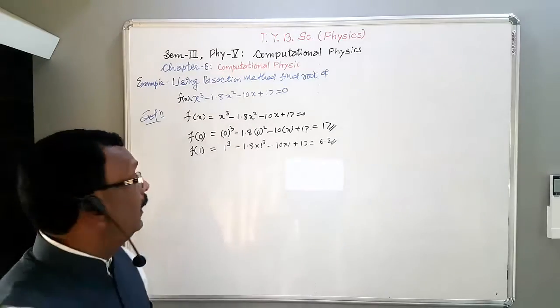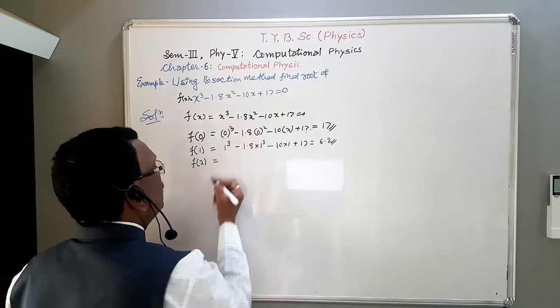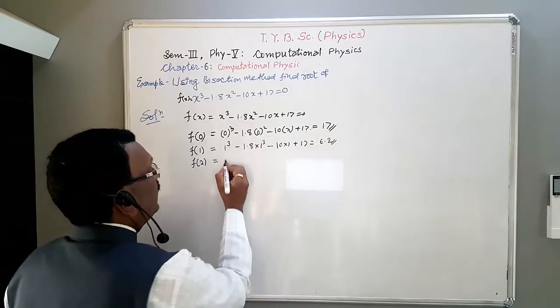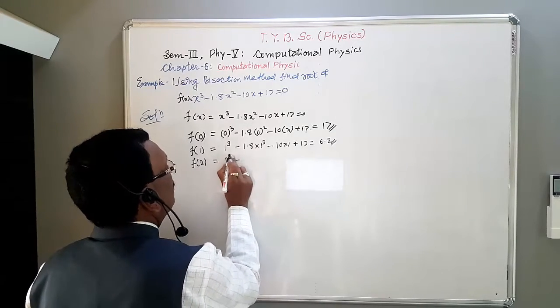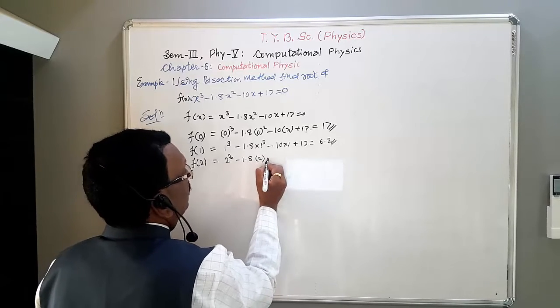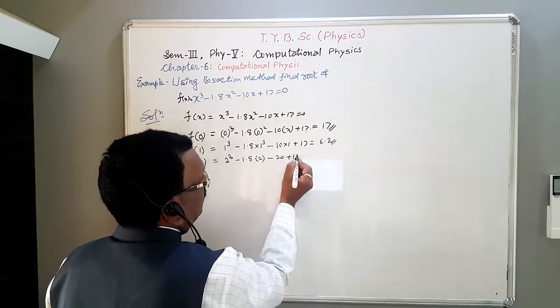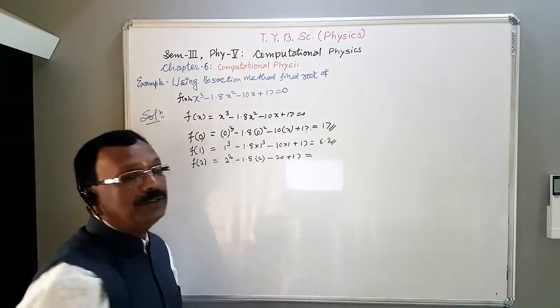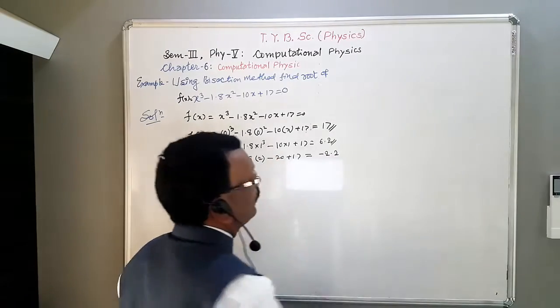Now when we substitute the value of x as 2, we get f of 2: 2 cube minus 1.8 into 2 square minus 20 plus 20. When you solve this, you will get minus 2.2.